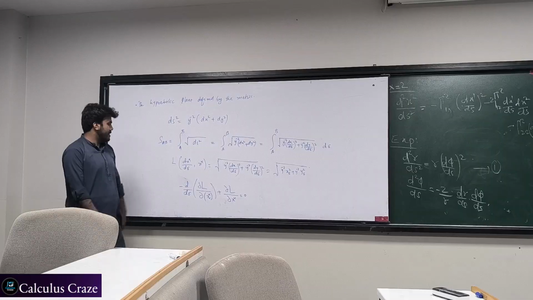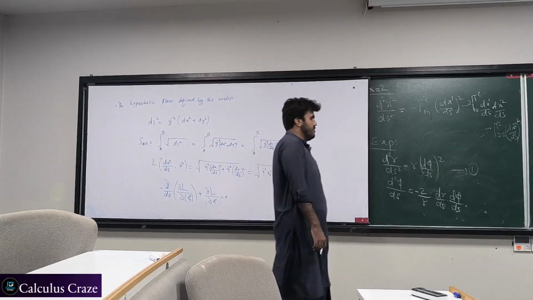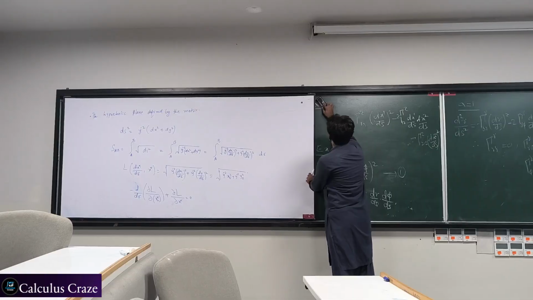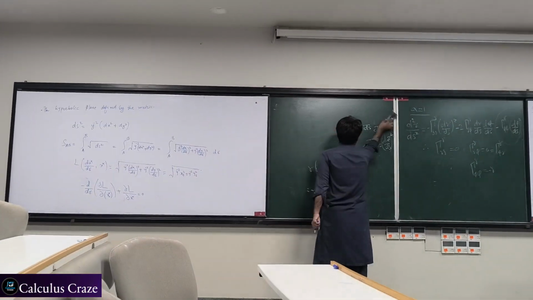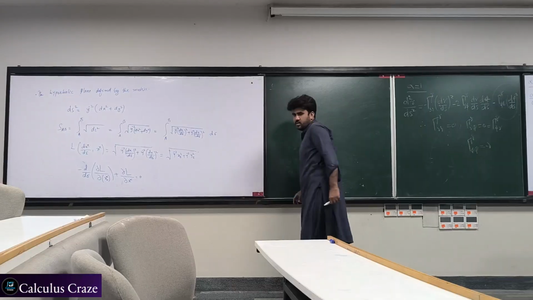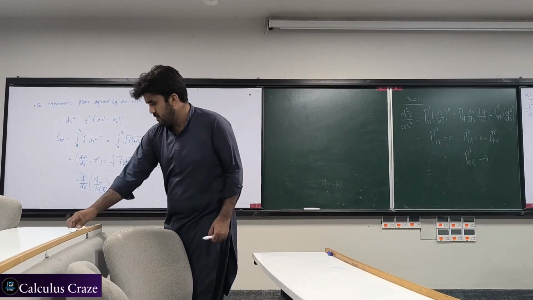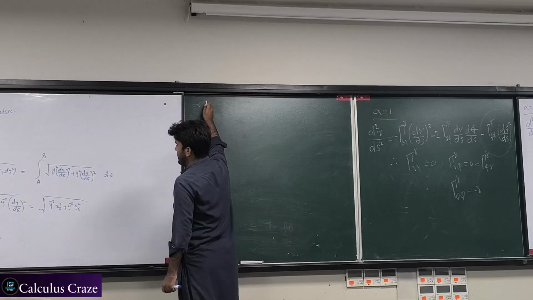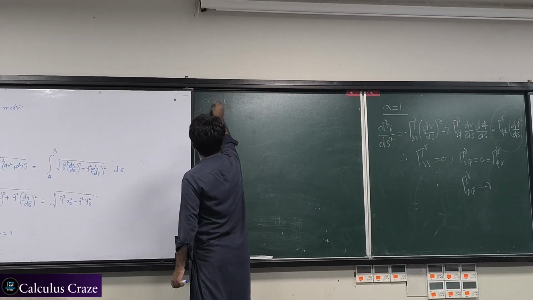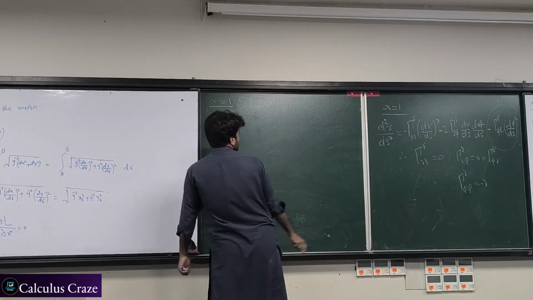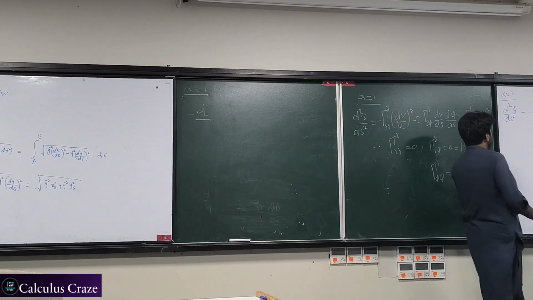But for alpha, let's choose alpha to be 1. For alpha 1, what is going to be our variable? The variable is x. So let me say my alpha is 1.